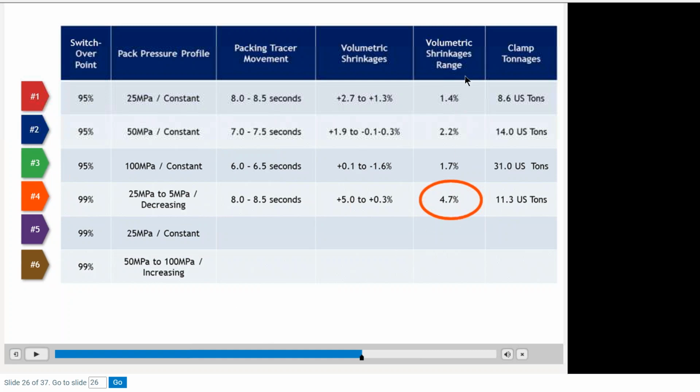And that is a really important aspect to learn, that, hey, I do have some control over the volumetric shrinkage and dimensions if I use a packing pressure profile. It doesn't have to be that we start at 25 and go down to 5. We maybe go up from 50 to 100. Let's see what that does.